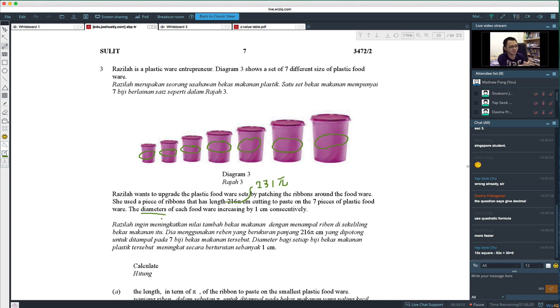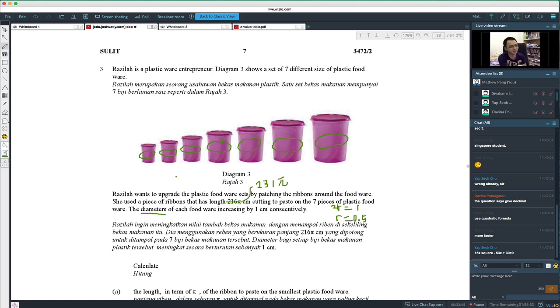You cannot do r +1, because diameter equals 2r. So I will say 2r equals 1, so r should equal 0.5. My writing is so ugly, I just cannot accept it. So 2r equals 1, r will equal 0.5. Consecutively means it will continue to add 0.5 centimeter.